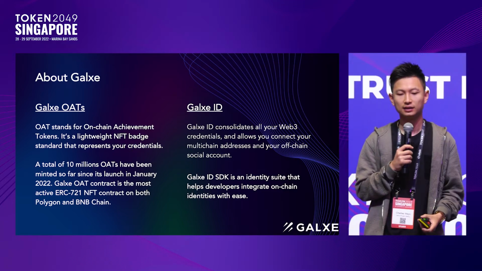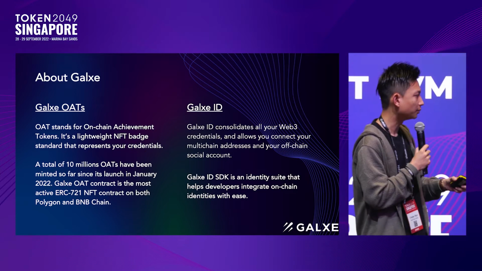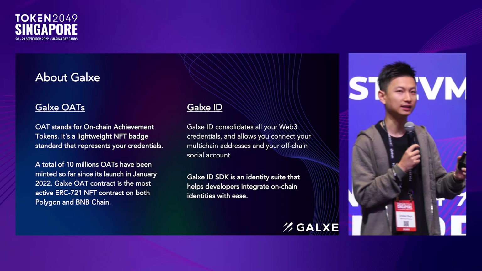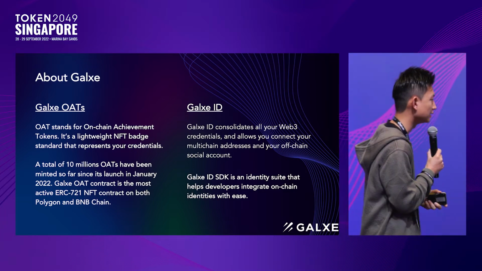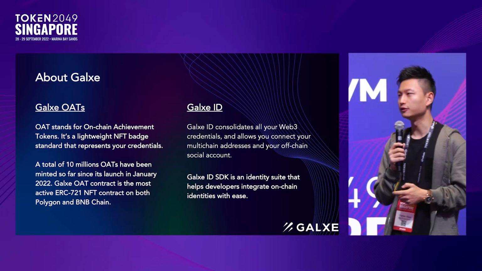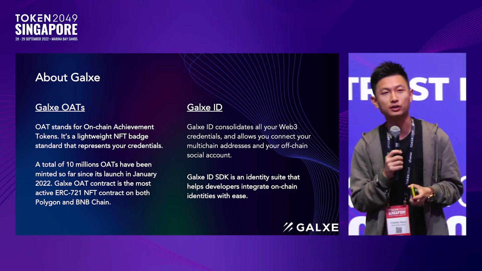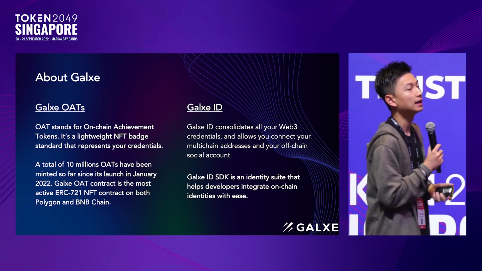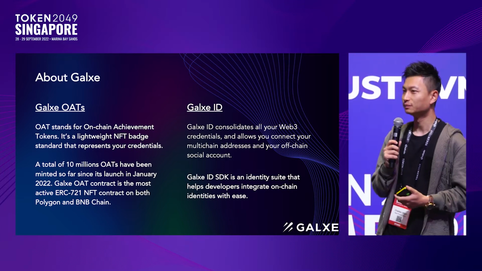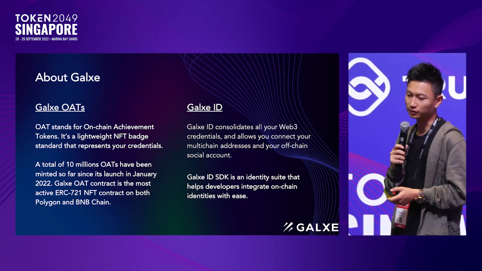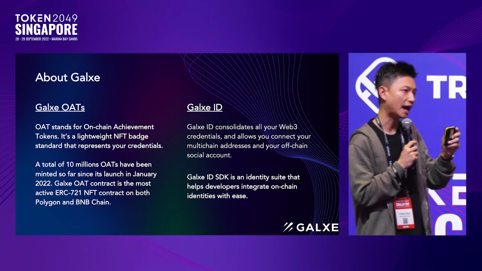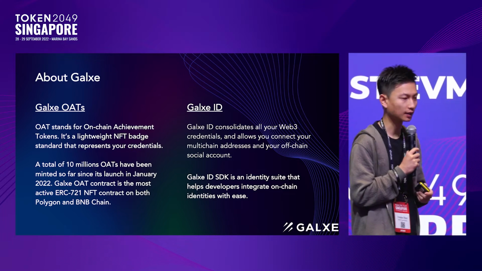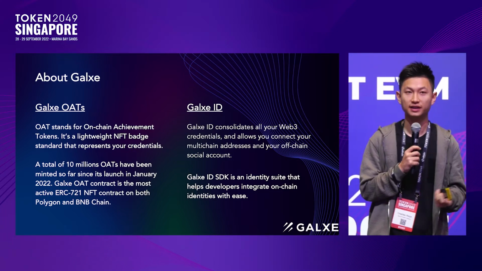And the Galxe ID, like I said, connects your multiple credential data sources. It connects your on-chain identities and your off-chain identities as well. We also have a feature called Galxe ID SDK, which is built to help developers build apps with identity data easily, with one SDK basically.